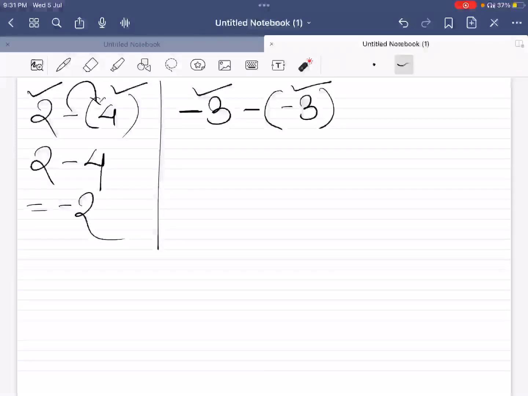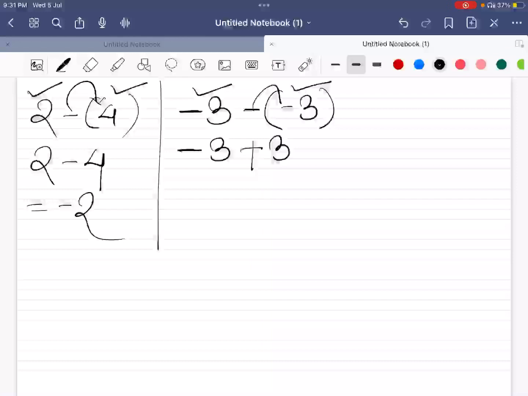So as per the sign inversion rule, what will happen? This minus will enter into the bracket, so minus into minus becomes plus. So your answer is minus 3 minus into minus plus this 3 as it is. So plus 3 minus 3.